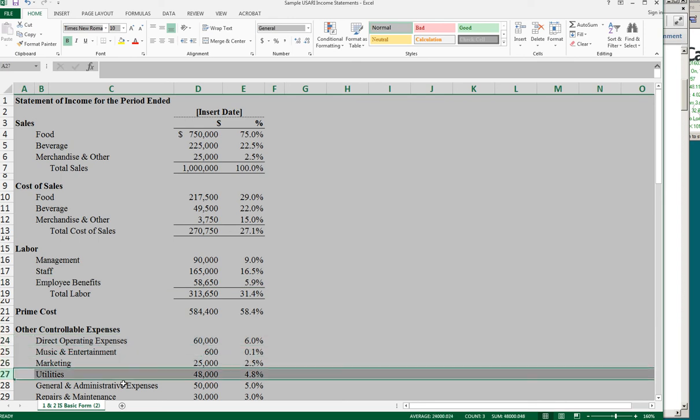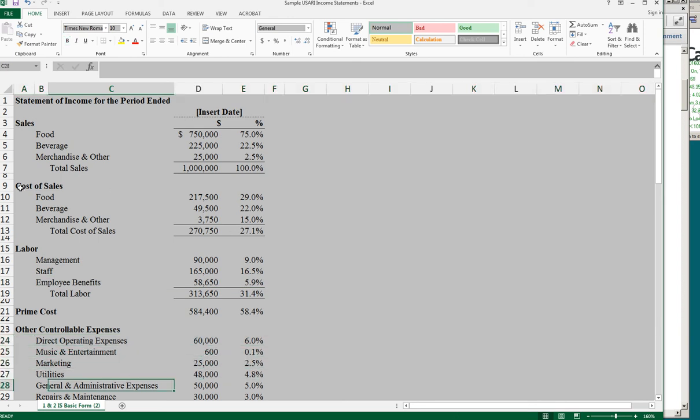Okay. The only exception to this, where it's not a percentage of total sales, is the cost of sales section, where each cost of sales line item here is actually represented as a percentage of its respective sales line.